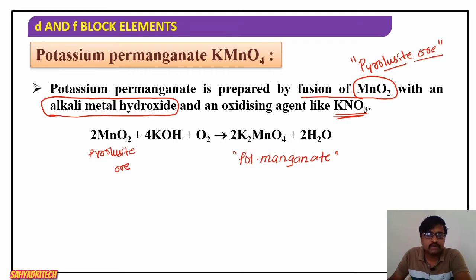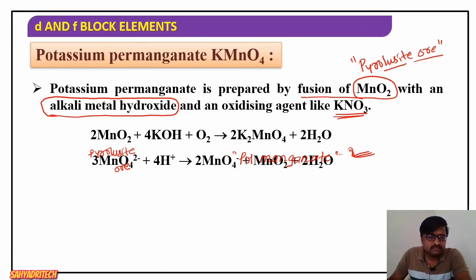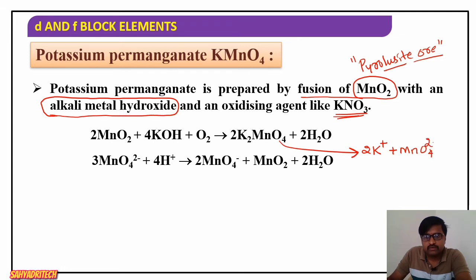Well, so potassium permanganate is prepared by fusion of MnO2, pyrolusite ore, with alkali metal hydroxide. On fusion, what happens? There is formation of potassium manganate, K2MnO4. Potassium manganate means the manganate ion, MnO4 2 minus. So K2MnO4 splits into 2K plus and MnO4 2 minus.